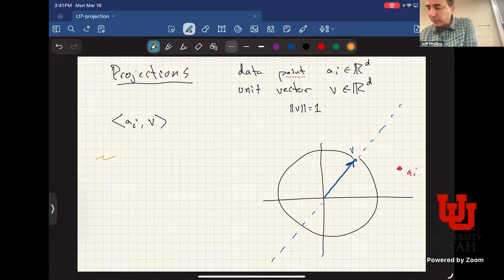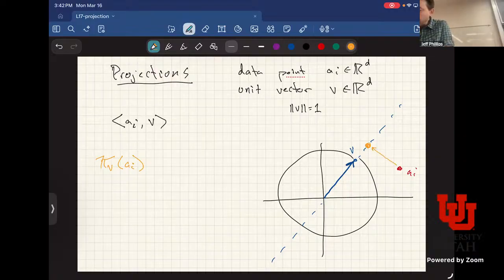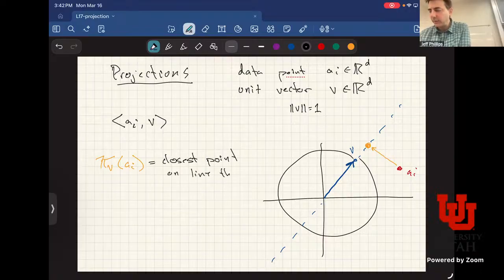We're going to do this pi_v of a_i, which is the projection of a_i onto the closest point on the line through the vector v to the input point a_i.